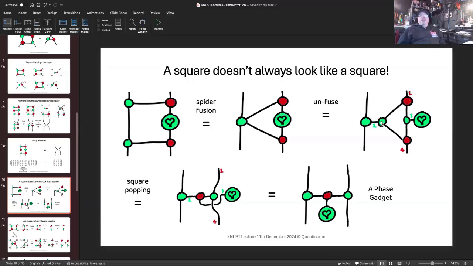Red, green, red, green. We can use the same trick. So this phase is now sitting here. This wire is now sitting there. We essentially get rid of the square again. We stick in the middle a red gate connected with a green gate, and then we make the connections like we did before. And then simplifying, you get this. Now, this is very interesting because initially, in the first picture, we had green dots here and red dots here.